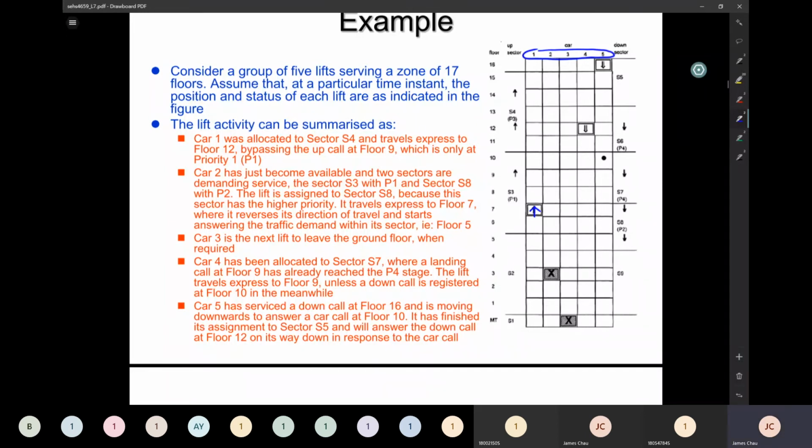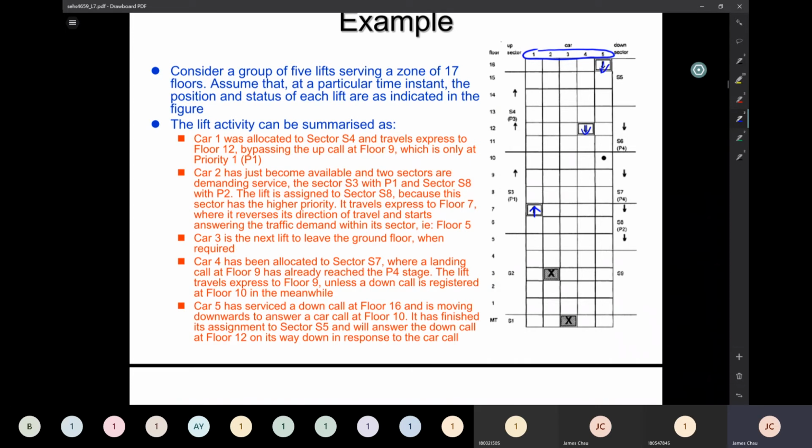Lift 2 is on the 3rd floor, and it is stationary. Lift 3 is in the main terminal, and it is stationary. Lift 4 is on the 12th floor, and it is moving down. And lift 5 is on the 16th floor, and it is moving down.